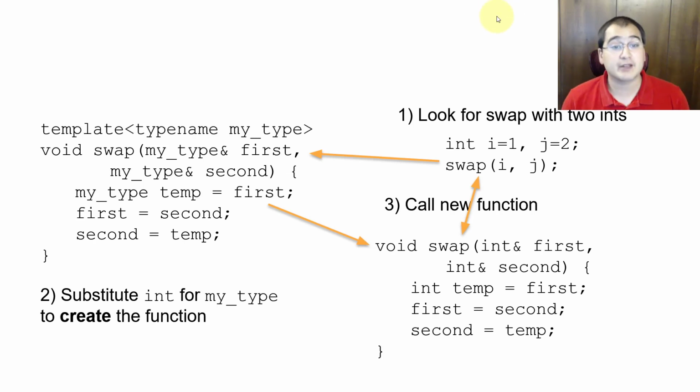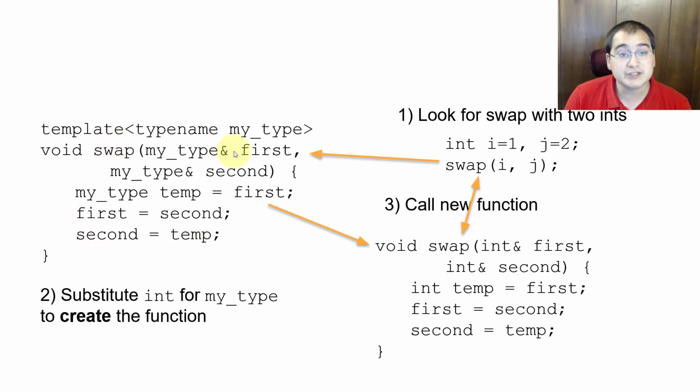So how do templates actually work? Well, the way that they work is, once again, you have a templated function here that is a pattern. It's a pattern for how you could create a swap function that has specific types. So once again, you say template, square brackets, typename, and then this my type here will be replaced with a specific type, like a long or a double or a pointer to a long or something.